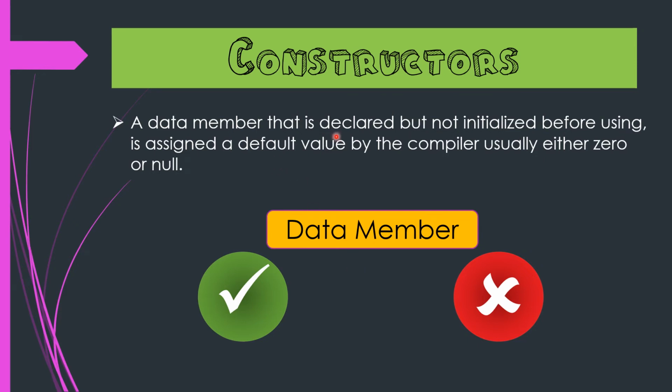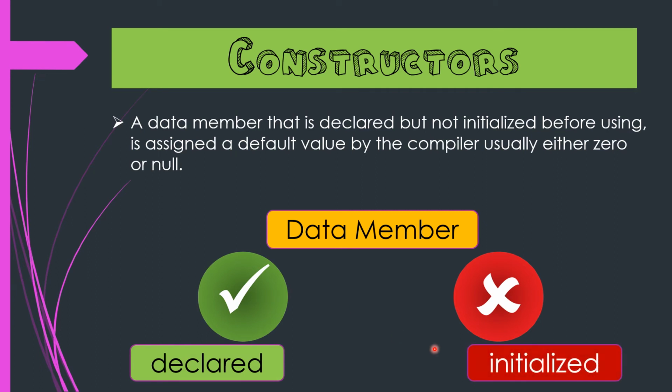A data member that is declared but not initialized before using is assigned a default value by the compiler, usually either 0 or null. This means that sometimes we only declare the data member but we do not initialize it. We give the data type of the data member but we do not give any initial value for it.